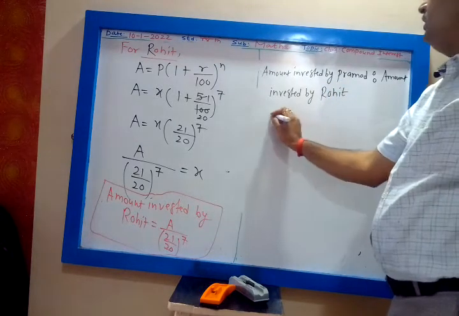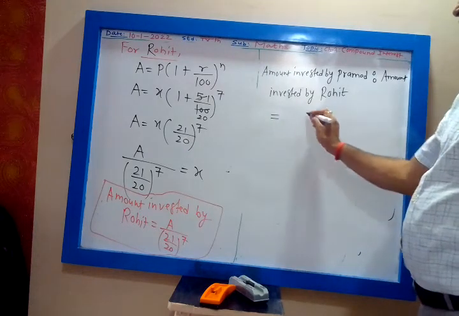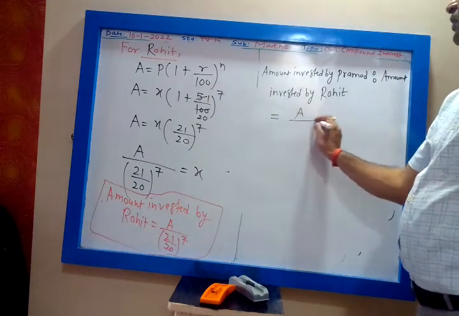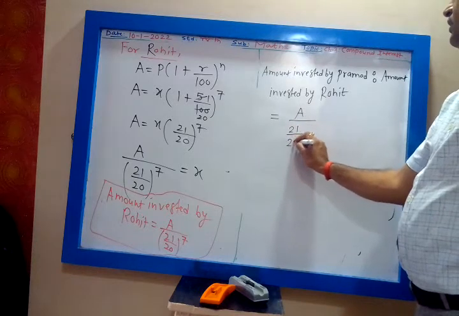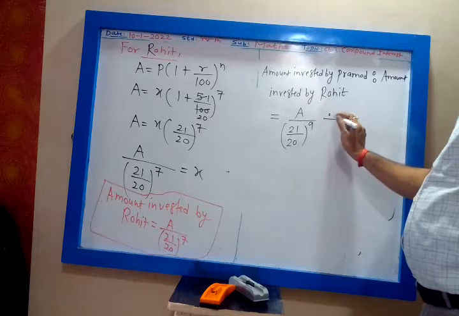What is the amount invested by Pramod? A upon (21 by 20) raised to 9. Then the ratio.